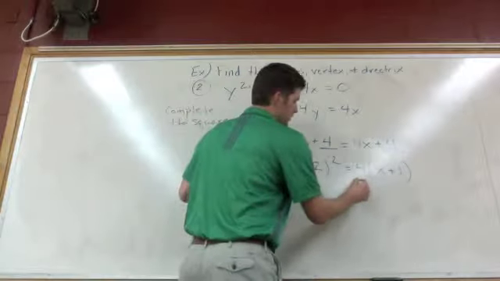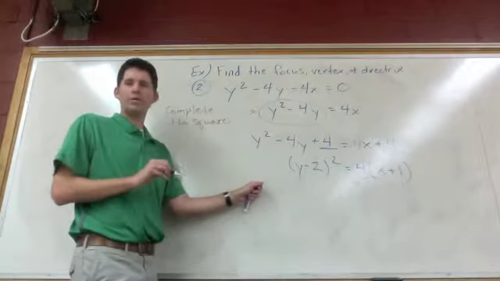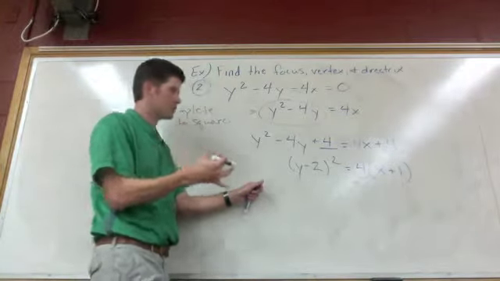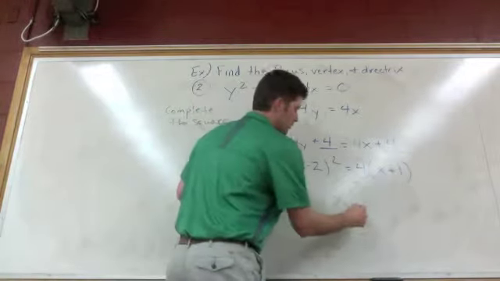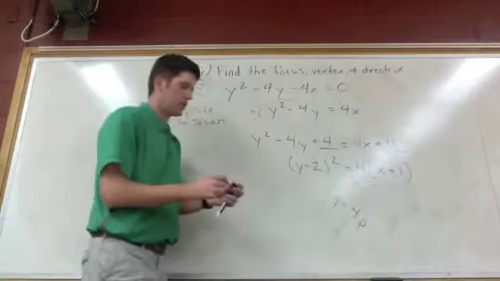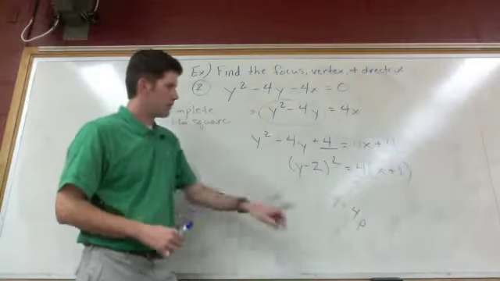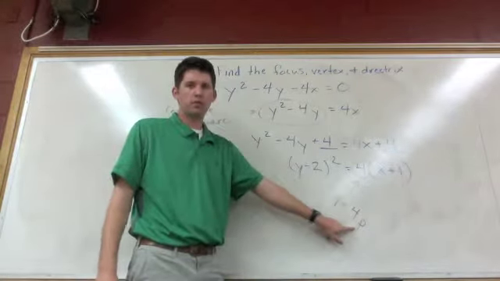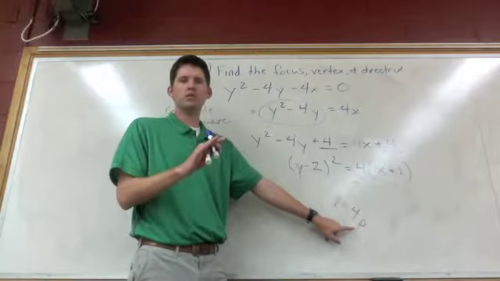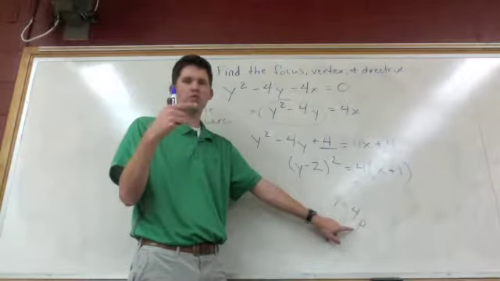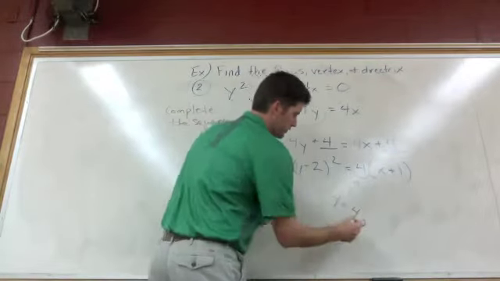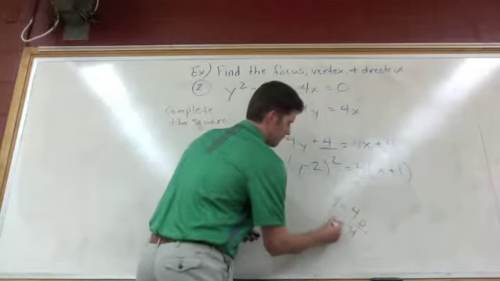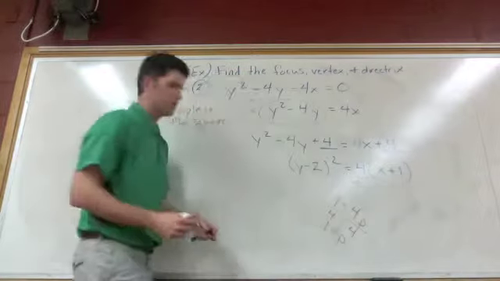We haven't talked about why it's 4p, we just have to accept at this point that this value of 4 is going to equal 4p, and that will allow us to find the p value, which represents the distance between the vertex and the focus. So divide by 4 on both sides, and we get p as 1.